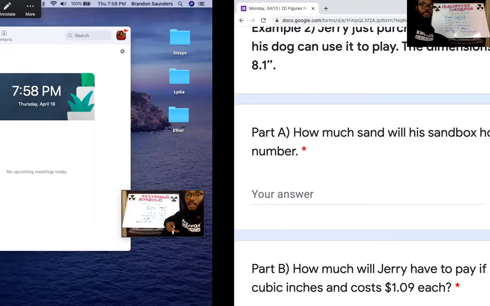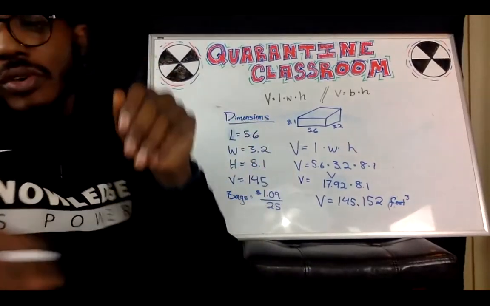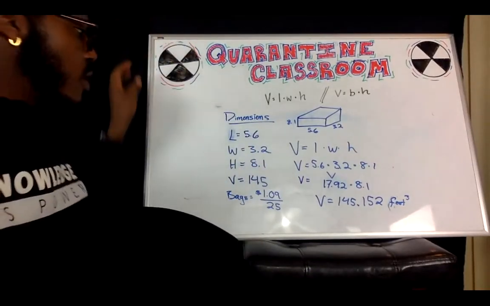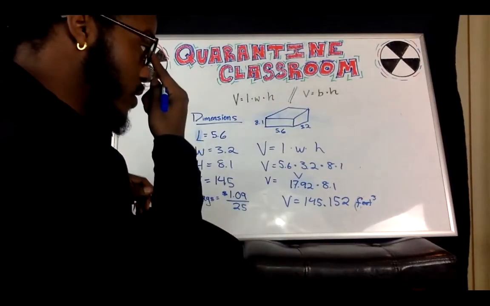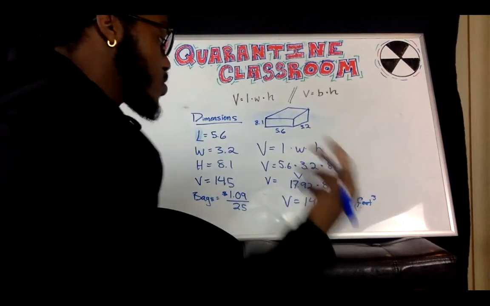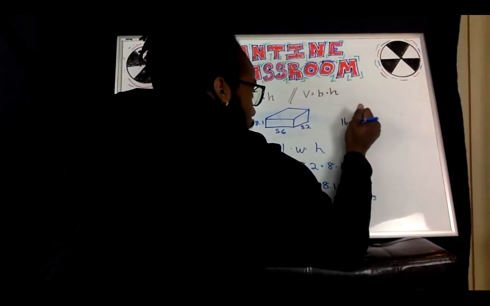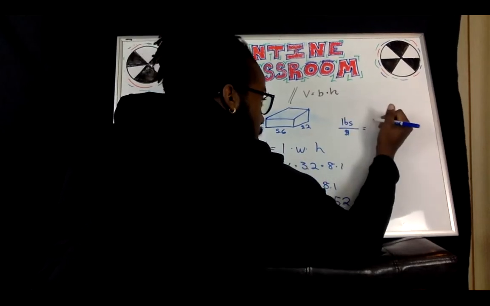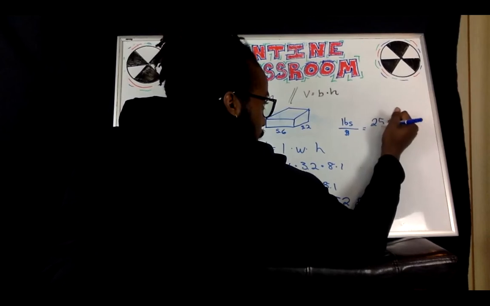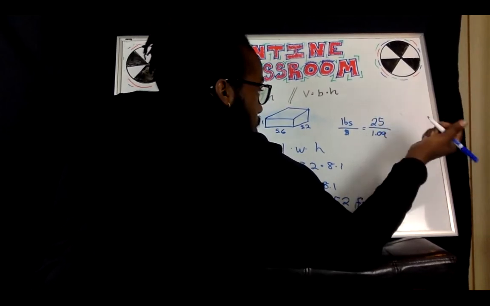Now it's the fun part where we get to go back to doing something that we love to do, which is using ratios and proportions to answer this question. What I do know is that he's getting pounds per dollar. Right now he has 25 pounds, and each 25 pounds costs him $1.09.